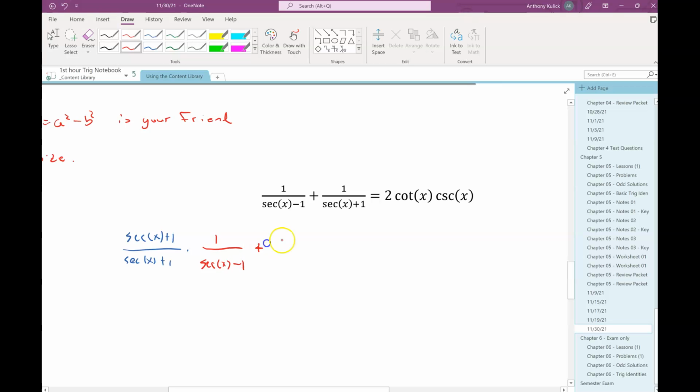And in case you haven't figured out my color coding, the red stuff is the previous problem that I didn't change, and the blue stuff is the stuff that's changing. And to the second fraction, we'll multiply secant x minus 1 over secant x minus 1.